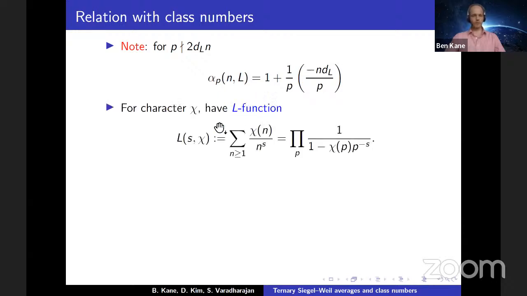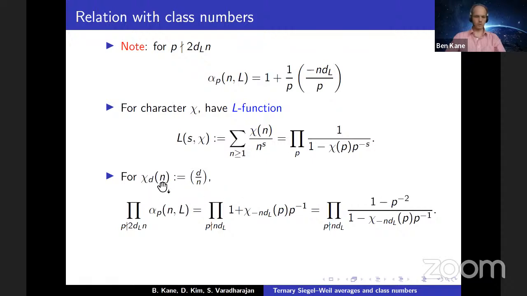Okay. We're going to relate this to an L function. So for a character chi, we have an L function, which is just the sum of chi of n over n to the s, which can be written as an infinite product of 1 over 1 minus chi of p to the minus s.